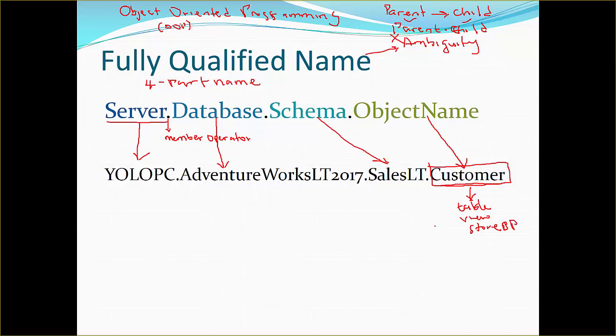We will talk about all these objects subsequently in the class, but for right now, we are trying to refer to a table. To make sure there is no ambiguity, if we use this naming convention, YOLO PC.AdventureWorksLT2017.SalesLT.customer, then we will be able to refer to just this customer table and this customer table only. Any question?